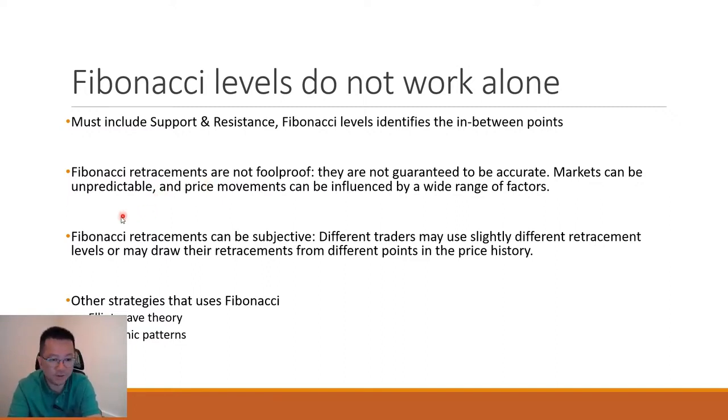Right at the start, we talked about what happens if you identify a different swing high point to the person beside you. How you draw fib retracement levels can be very subjective.